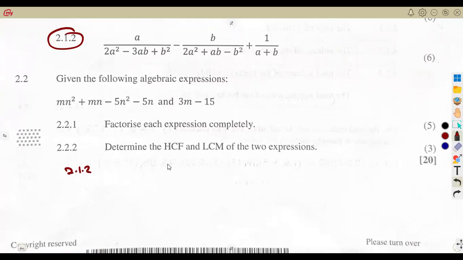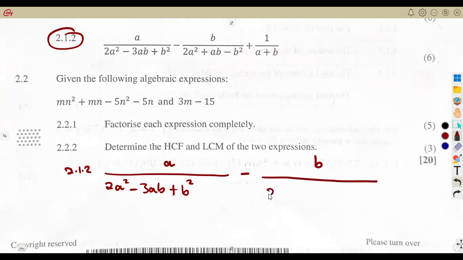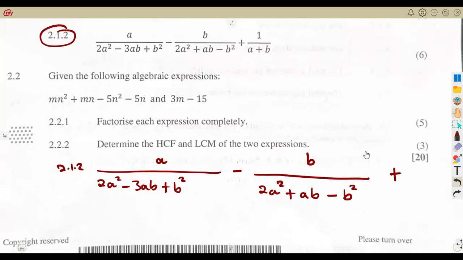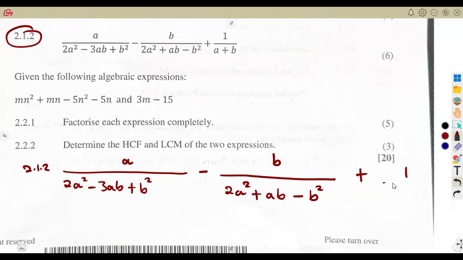We are given a over 2a squared minus 3ab plus b squared, then minus ab over 2a squared plus ab minus b squared, minus b squared plus 1 over ab, 1 over a plus b, like this.